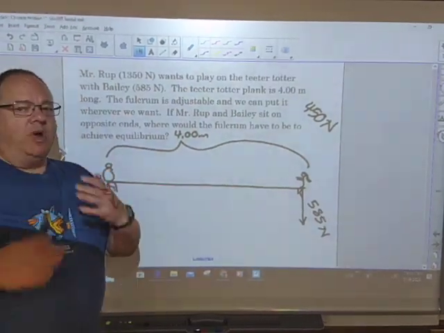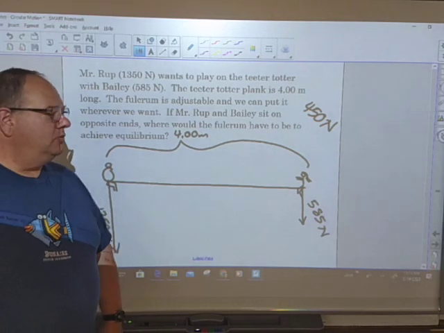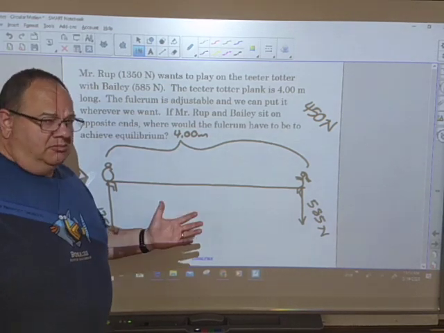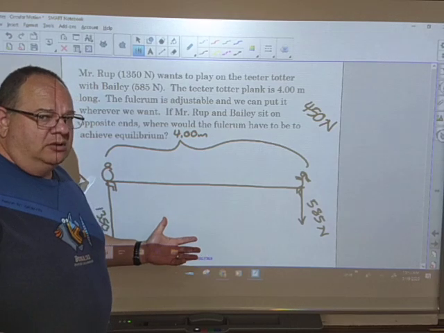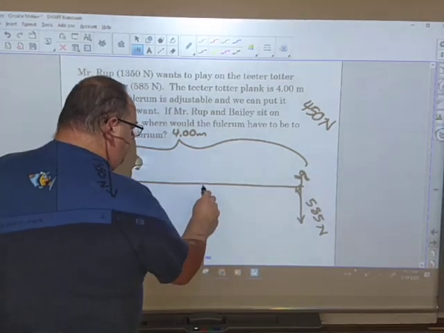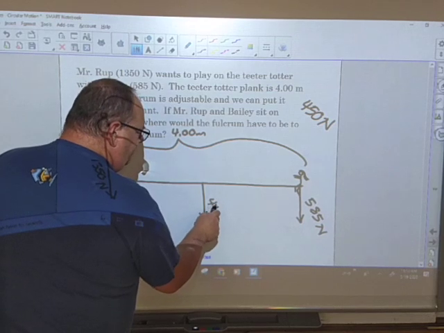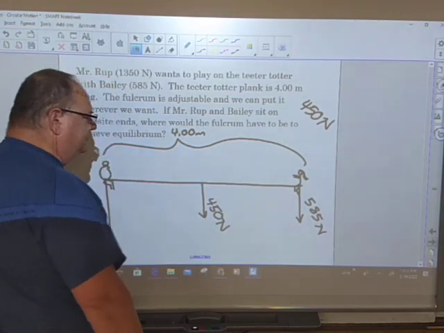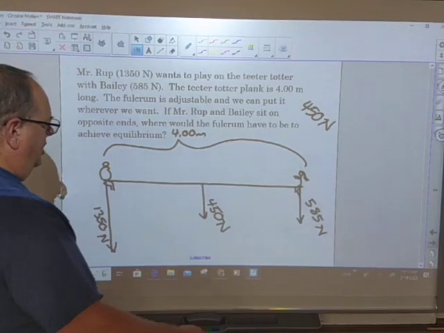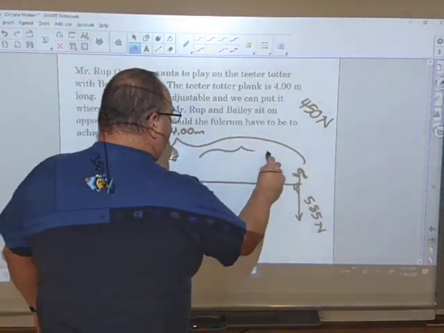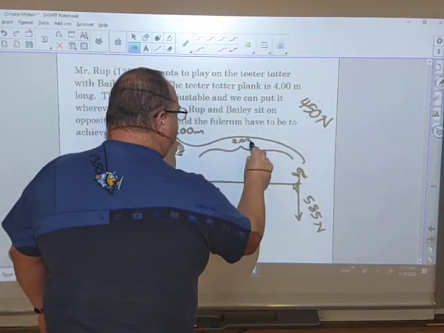And then we can think about where the weight of the teeter-totter would be. Well, let's imagine it's a uniform plank, so I would say that's right in the middle, 450 newtons. So I know this distance is 2.00 meters.